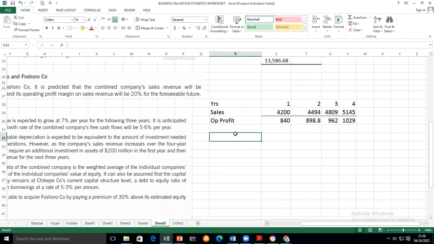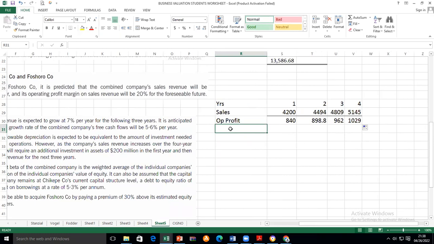What are those? Less what? Tax. And add depreciation. And less the capex.